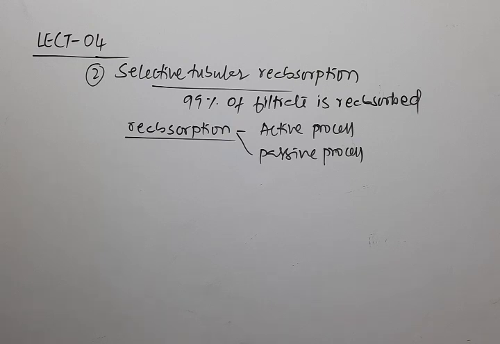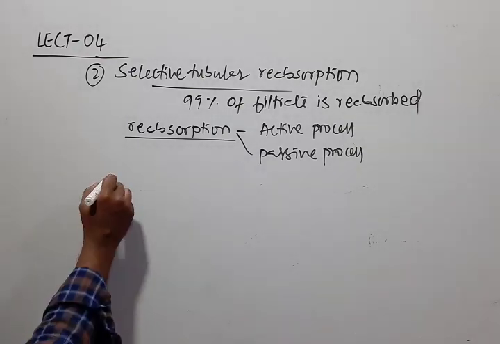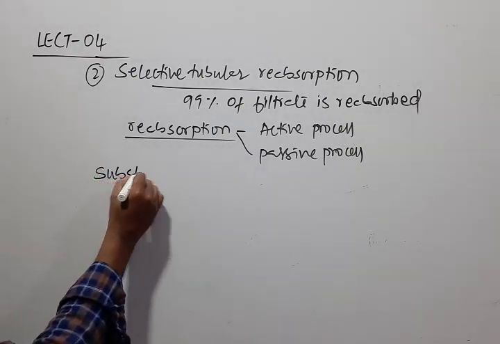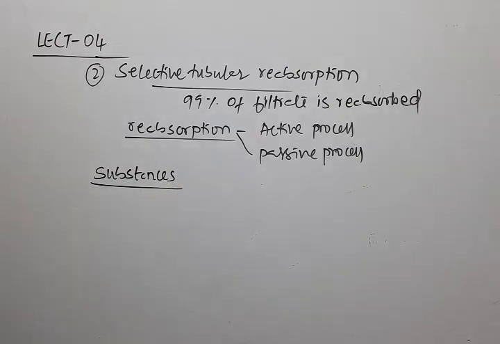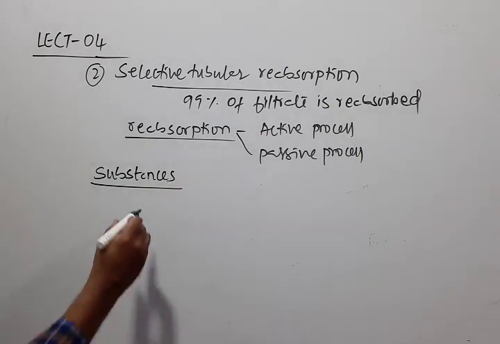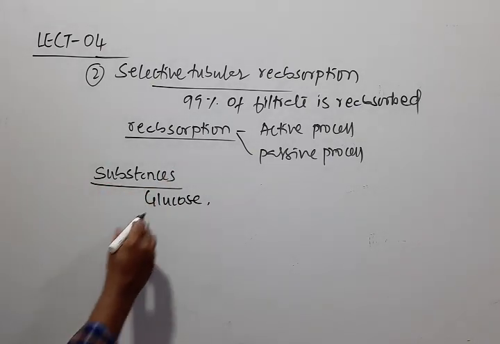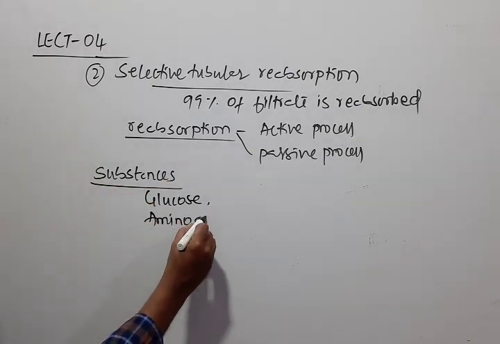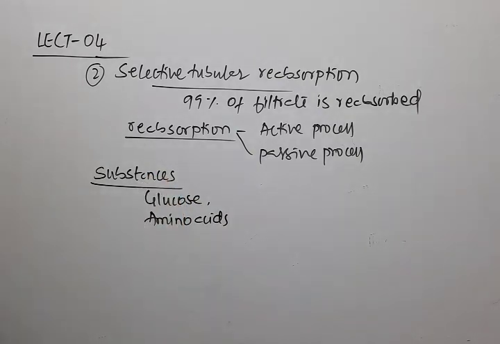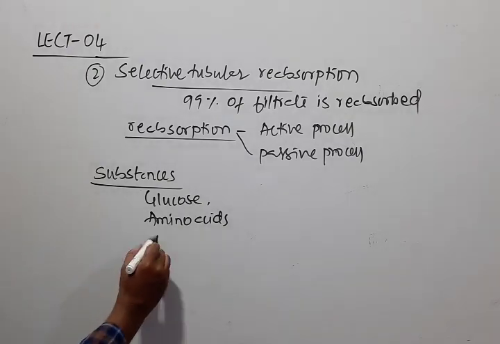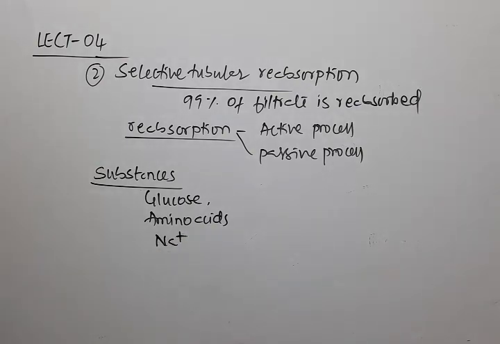Here we'll see substances like glucose, which is filtered, and amino acids, which are also filtered and present in the filtrate. Some of these will be reabsorbed based on the requirement of the body, and also the sodium ions which are present in the filtrate.